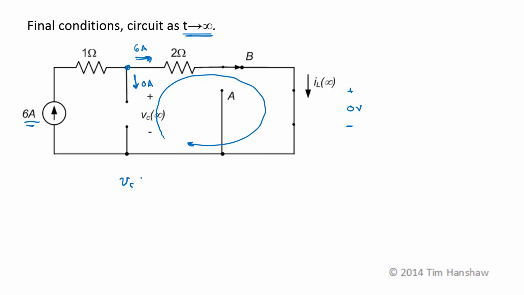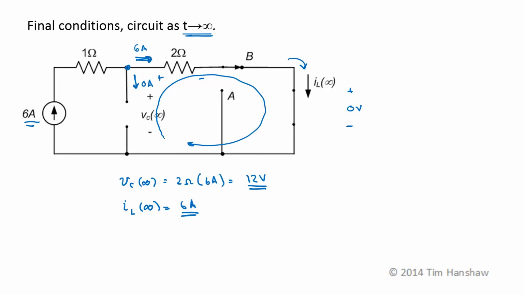So V sub C at infinity is going to be the same as the voltage across this resistor by KVL around this loop. So that's 2 ohms times 6 amps, and that is again 12 volts. By KCL, this is 6 amps, so the inductor current is 6 amps. So I sub L at infinity is just 6 amps, and there are our final conditions.